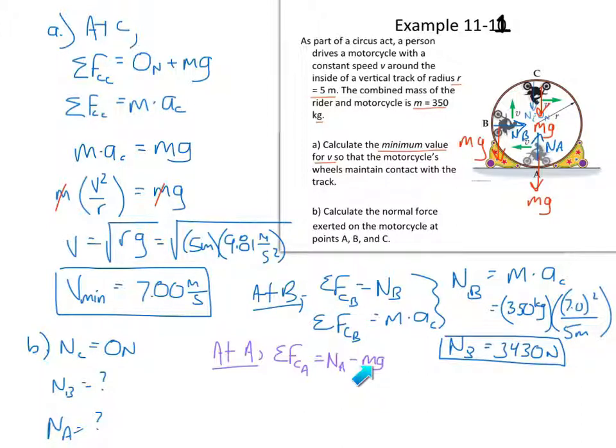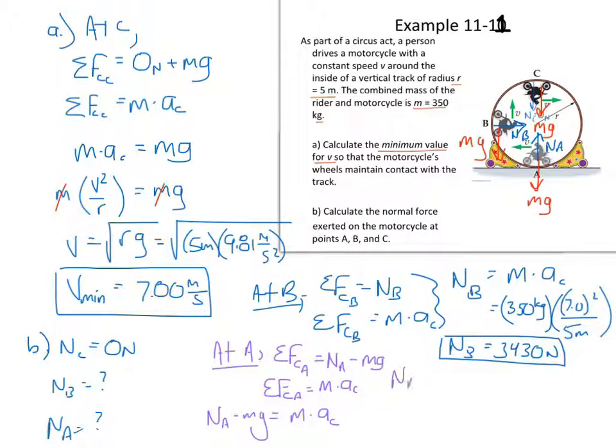Okay? What's also true? The net centripetal force at A equals mass times centripetal acceleration. All right? So we should know how to find that. Let's put those all equal to each other. NA minus mg equals mass times centripetal acceleration. All right, and so we're going to have to add over our mg right here in order to get NA all by itself.